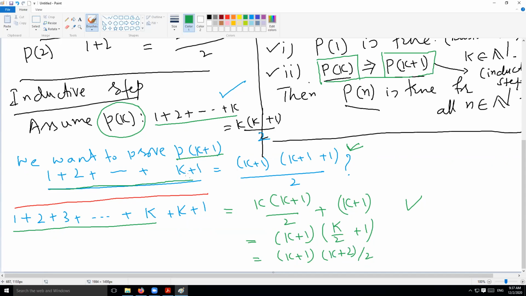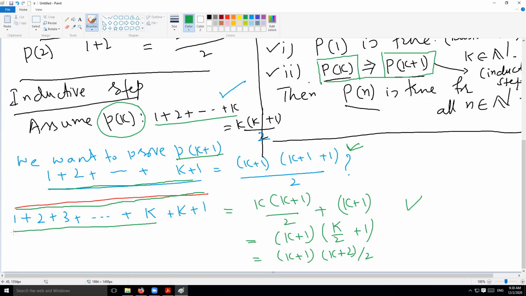And then I said that, okay, if you have this number k plus 1, the previous term is going to be plus k. Now, I don't know what would be this entire sum from 1 to k plus 1, but I know by assumption that the sum from 1 to k is k times k plus 1 upon 2.